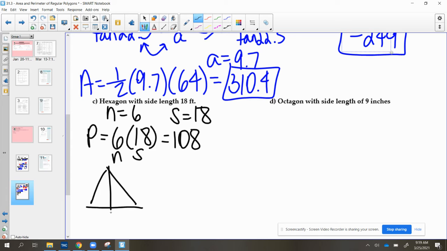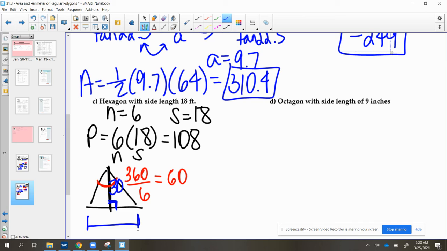So again, if we draw in that little triangle, we know this whole angle is 360 divided by the number of sides, so 6. So that would be a total of 60 degrees, but we only want half, so each angle is 30.